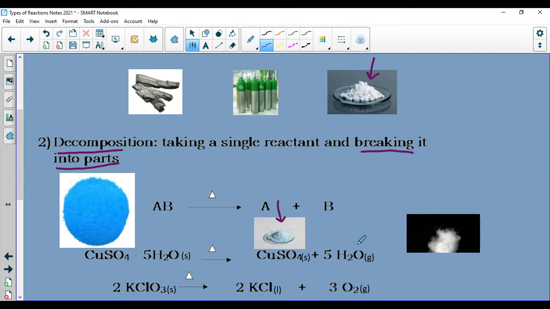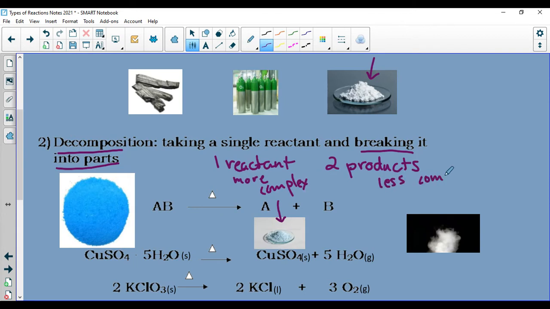The water then typically simply escapes as a gas unless something is done to capture it. So we have one reactant breaking apart into two products. And that reactant is going to be more complex, and the products will be less complex because you're breaking them apart.